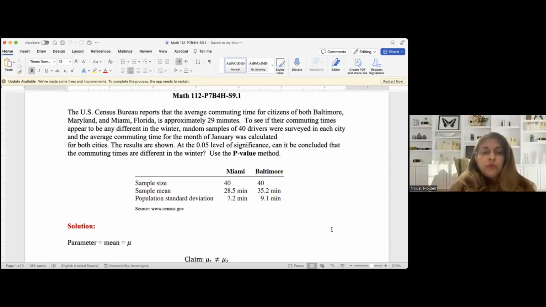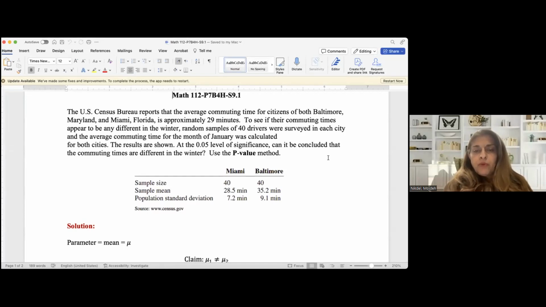Okay, the U.S. Census Bureau reports that the average commuting time for citizens of both Baltimore, Maryland, and Miami, Florida is approximately 29 minutes. To see if their commuting time appears to be any different in the winter, a random sample of 40 drivers was surveyed in each city, and the average commuting time for the month of January was calculated for both cities.